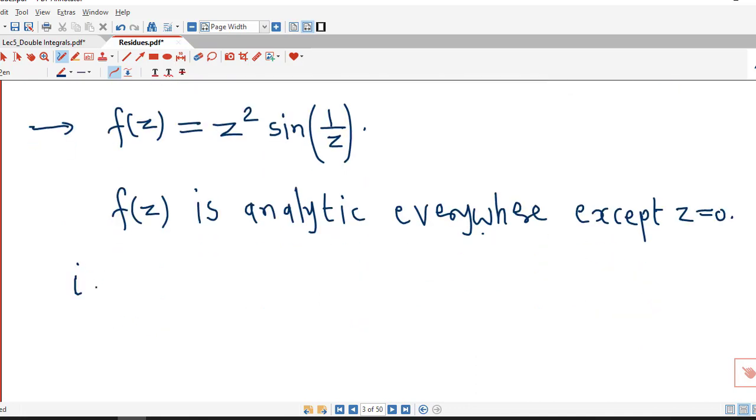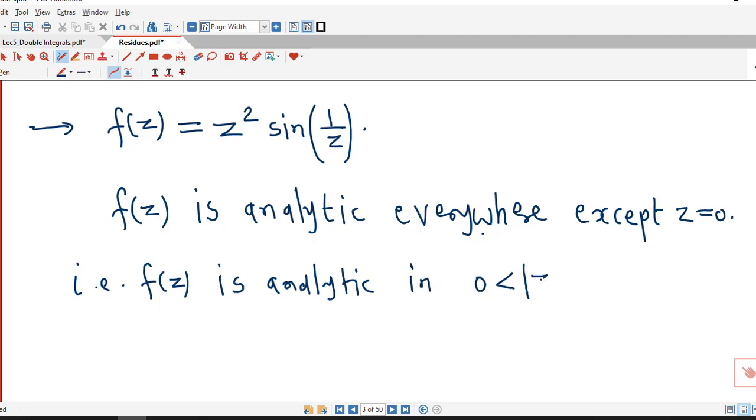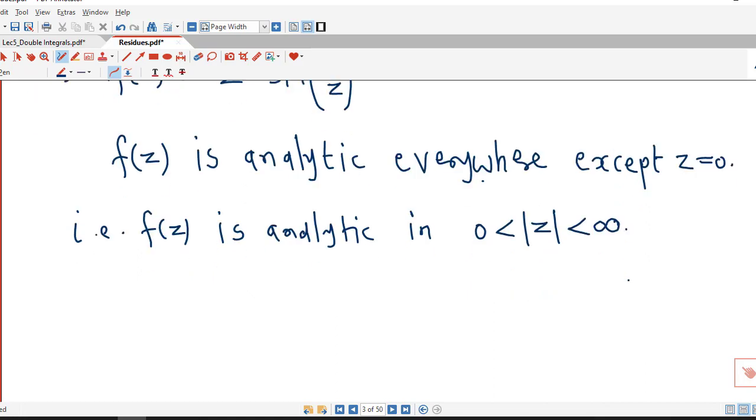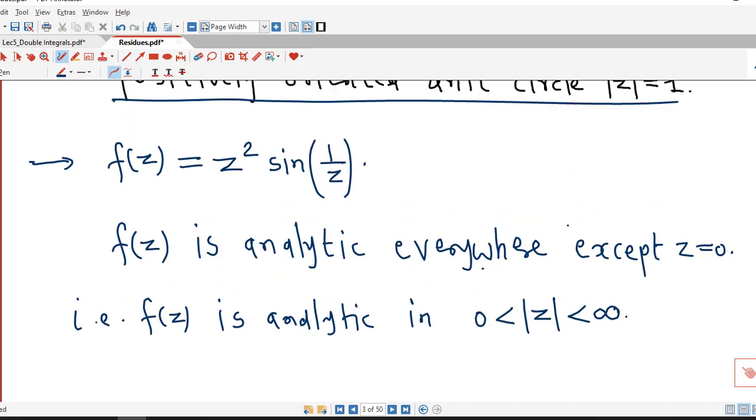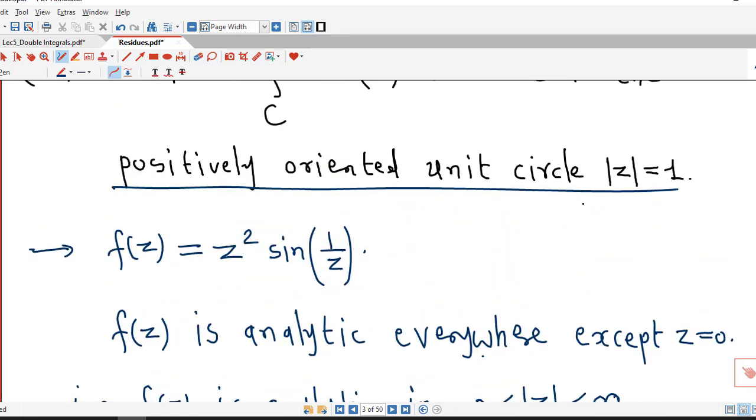So we can say that f of z is analytic in the domain where we don't require 0, so we consider this condition: absolute value of z is positive and there is no upper bound. So the function is analytic in this domain 0 less than absolute value of z less than infinity. And if we consider this domain, then we don't have to consider 0 only. So this is the point 0 which we will not consider, and there is no upper bound. And suppose this is mod z equal to 1.